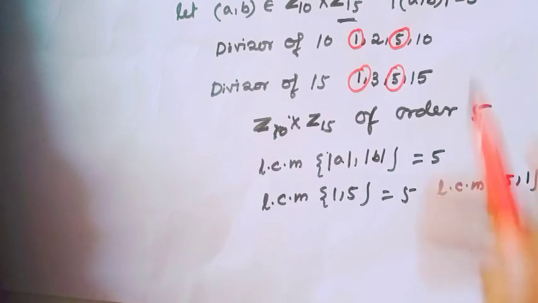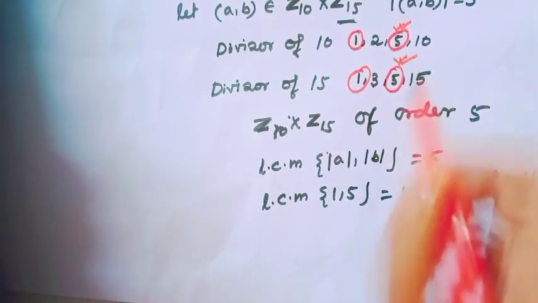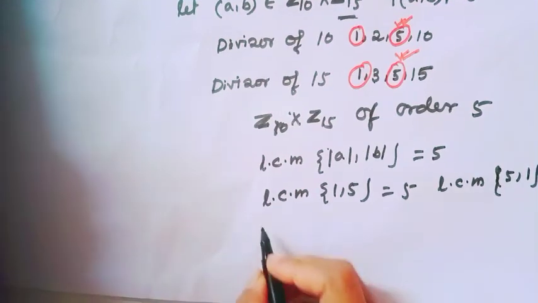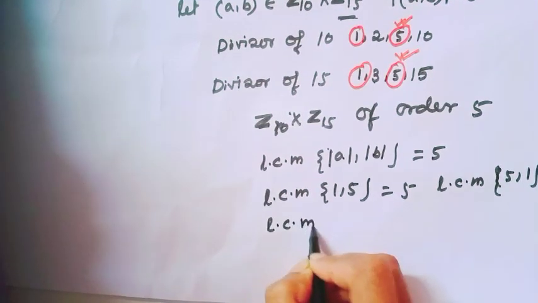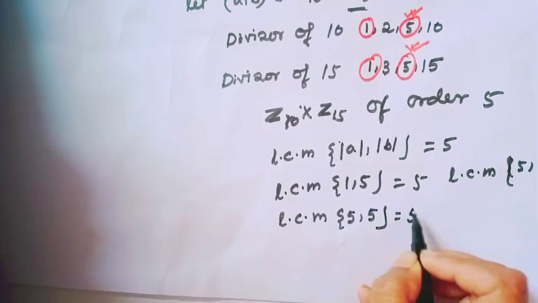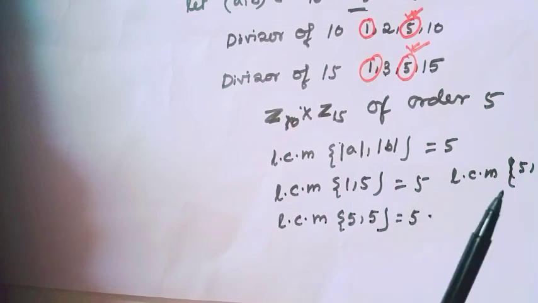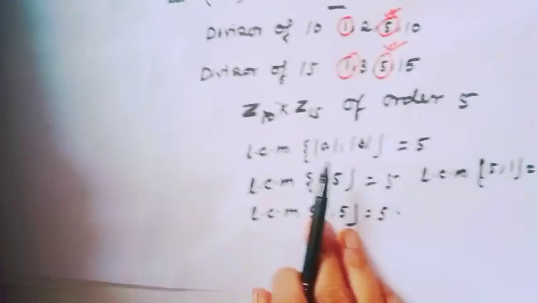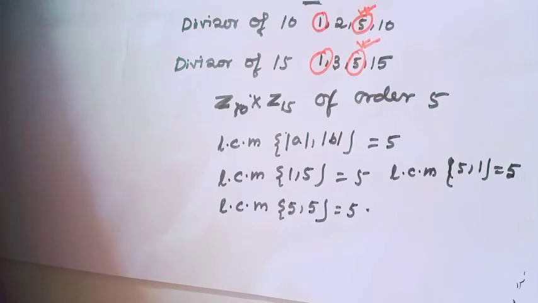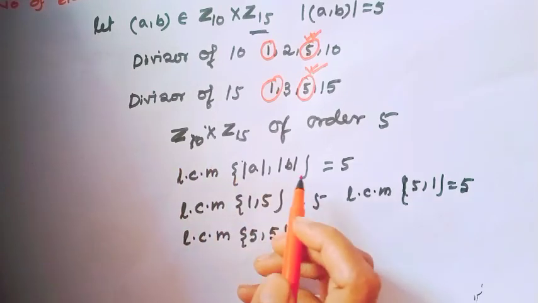If you consider both 5 from 10 and 5 from 15, then LCM of 5 and 5 also will be 5. And this is the combination of LCM for order 5. Are you getting? Now let's see the number of elements of order 5 in Z10 direct product Z15.